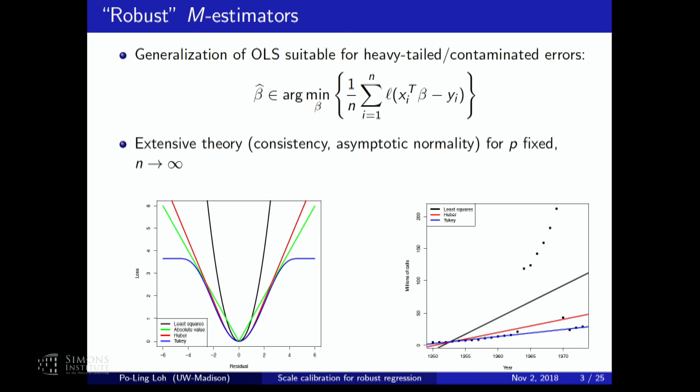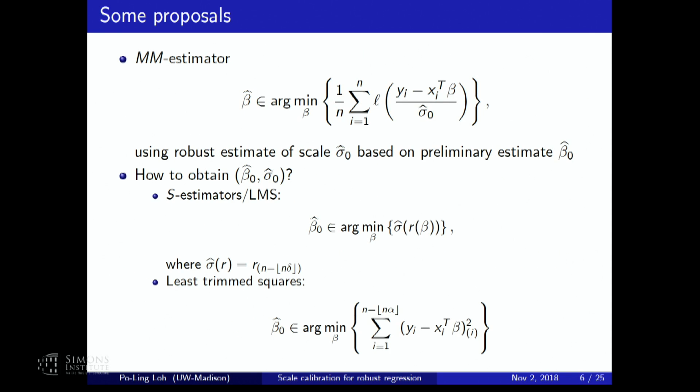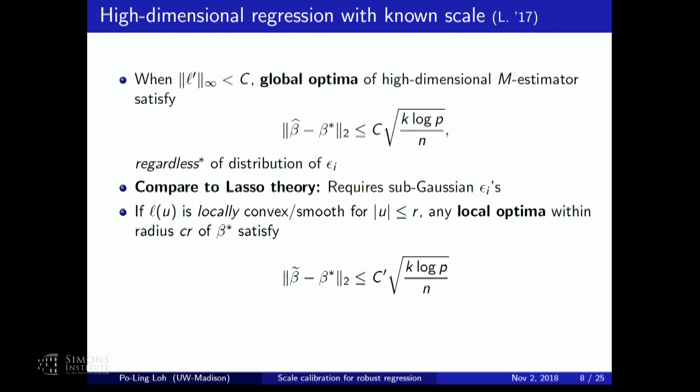And so the idea is that it's not true that all of your local optima are bunched around the global optimum, which actually does happen in other cases. But what we can guarantee is that certain local optima are well behaved. So certain local optima, meaning the ones that are sort of close to beta star, are actually also bunched together.